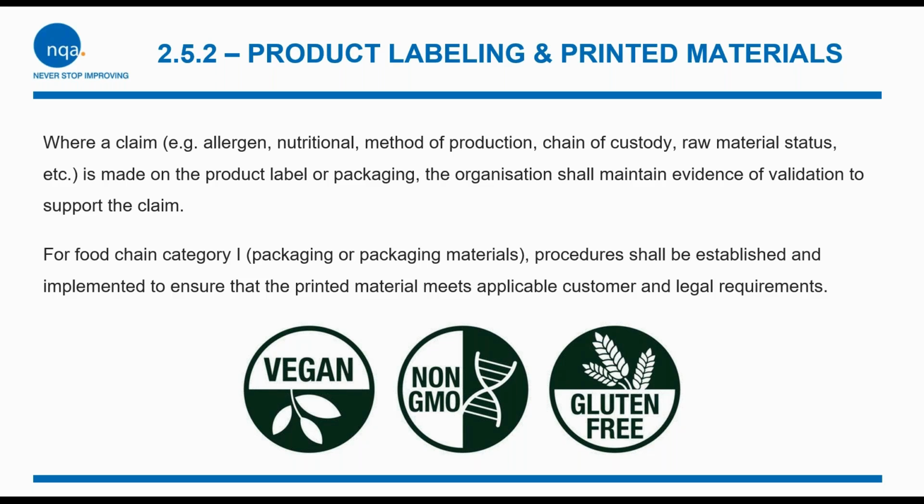For food chain category I, procedures shall be established and implemented to ensure that the printed material meets applicable customer and legal requirements. So where a claim is made, such as the one specified on the screen, gluten-free, for example, you must have evidence that you validated that claim.